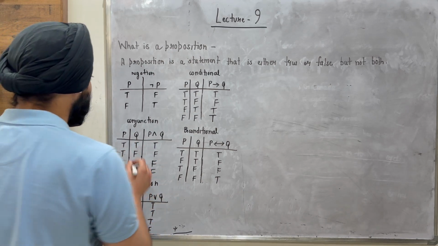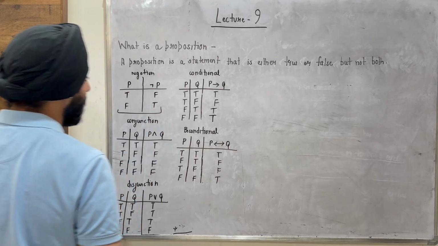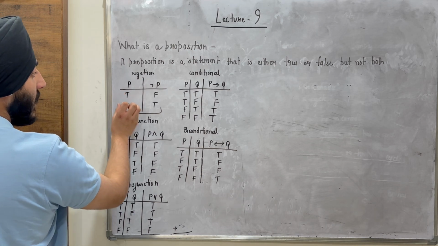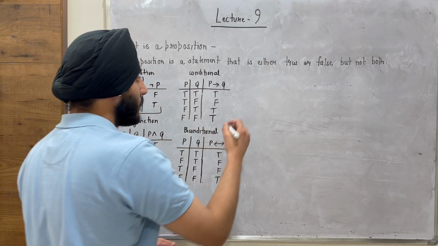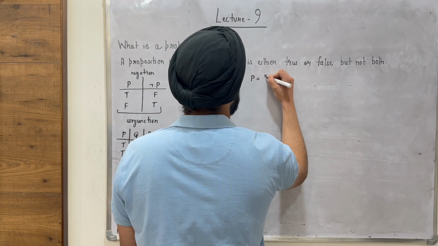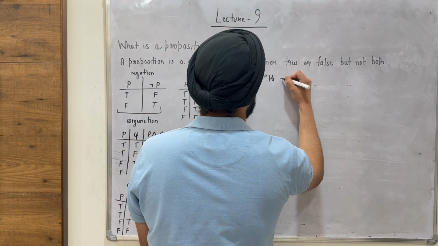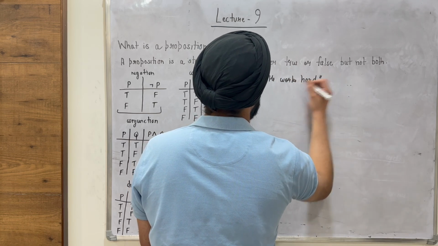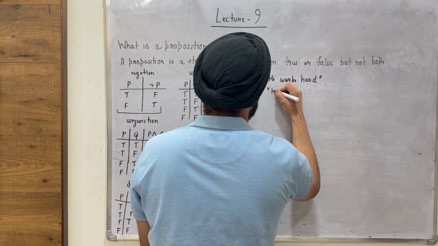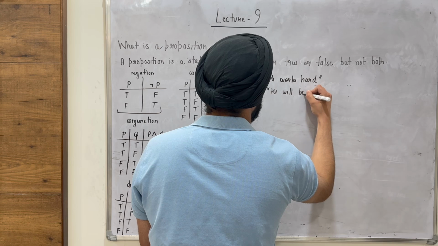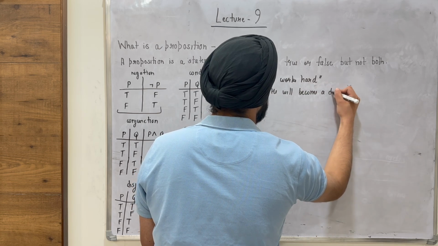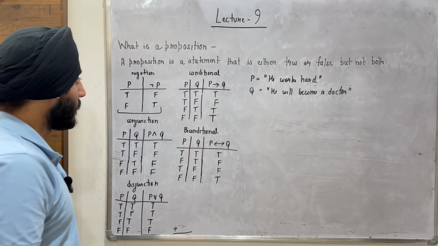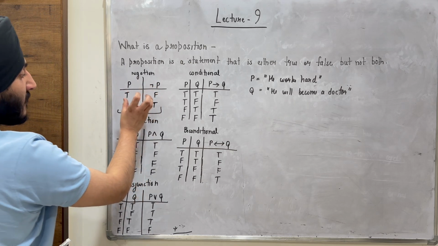So starting with the negation, right? Just like I said, negation basically means the opposite of a sentence. So if a proposition is true, then its negation is going to be false, right? So what this basically means is negation is the opposite.